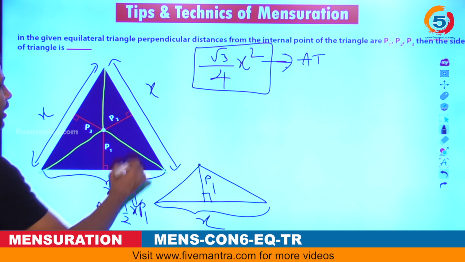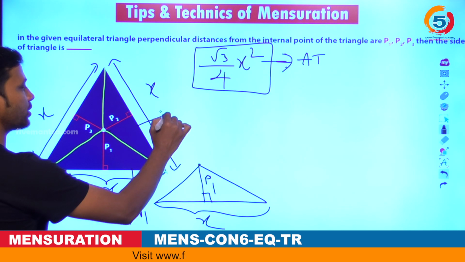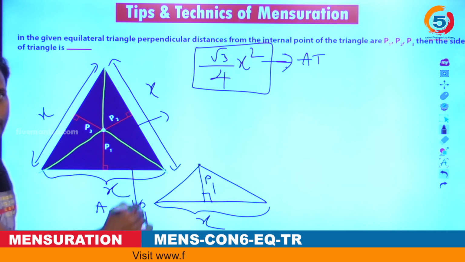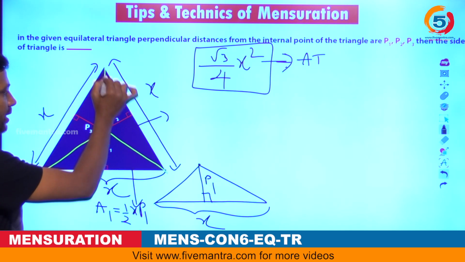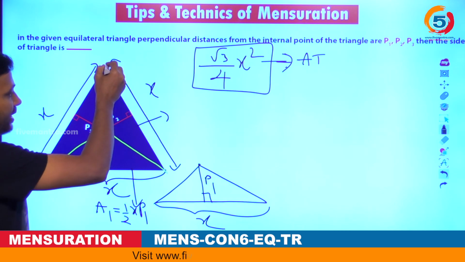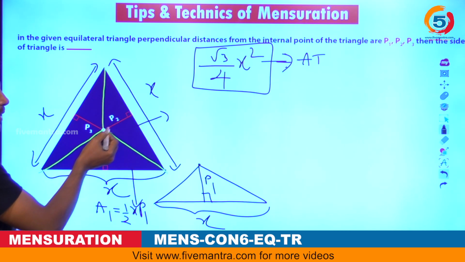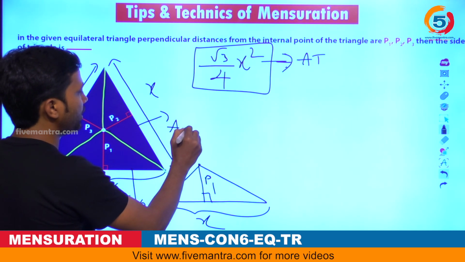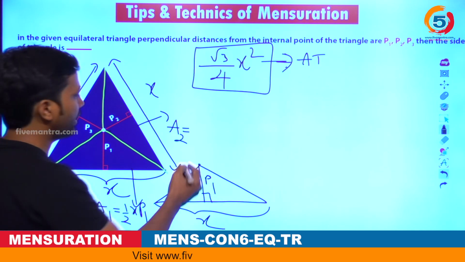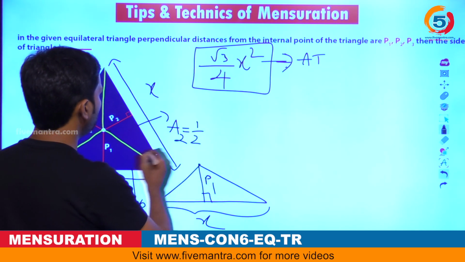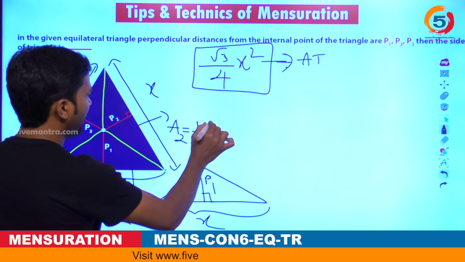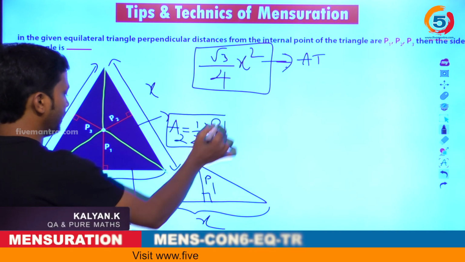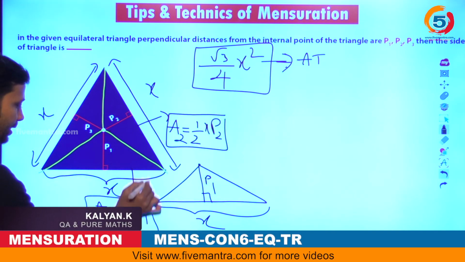In the same way, for this triangle, see the movement of my pen, x is the base and P2 is the height. Then the area of the second triangle, A2, would be half into base x into P2. So this is the area of the second triangle, and this is the area of the first triangle.